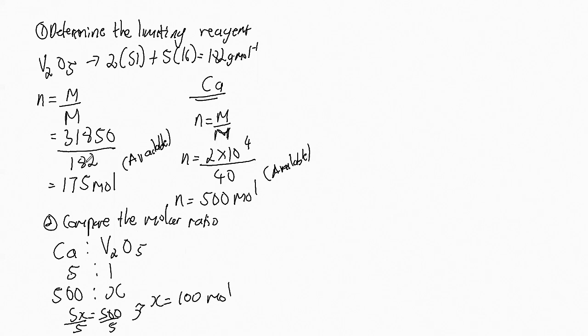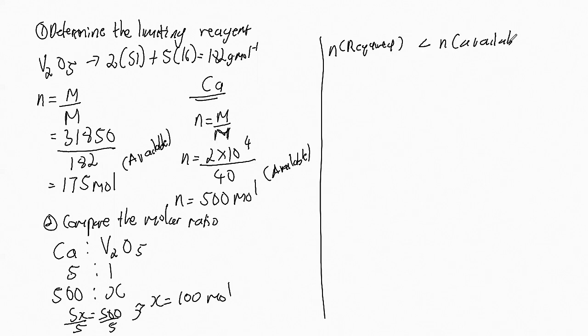But available, we have 175 mole. Now we know that once the number of moles required is less than the number of moles available, then that particular substance is the excess reagent.